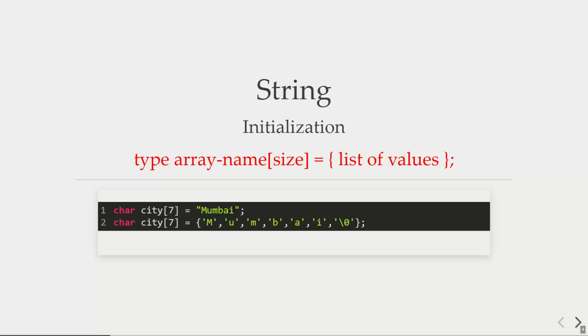Because anything that is stored inside the memory locations will be treated as some value, some character, an ASCII character or something. To avoid that, we have registered the null character, that means \0, as the terminating character.